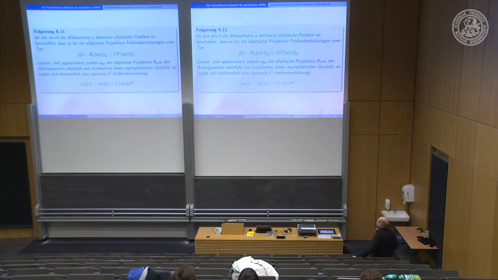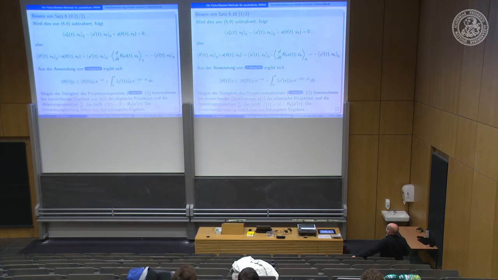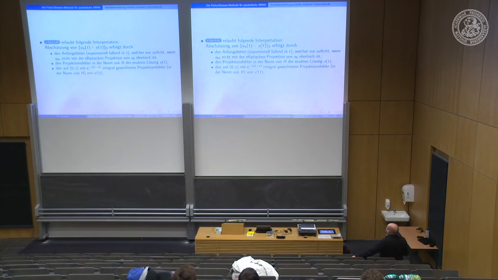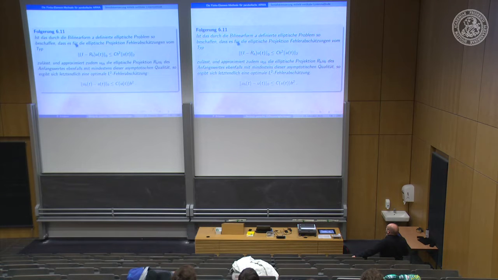Namely, we can say that if the Ritz projection is such that it produces an order h squared, we have the corresponding order of convergence for the Ritz projection.